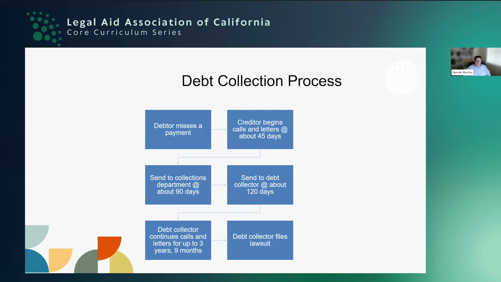So after they've gone through trying to call and send letters and given up on that, they will send it off to collections. Sometimes they'll do it to an internal collections. Sometimes at this point, they'll give up and charge it off and send it to a debt buyer. The interesting thing with charge off, it took me a while to learn this, and most of our clients are often confused by this.